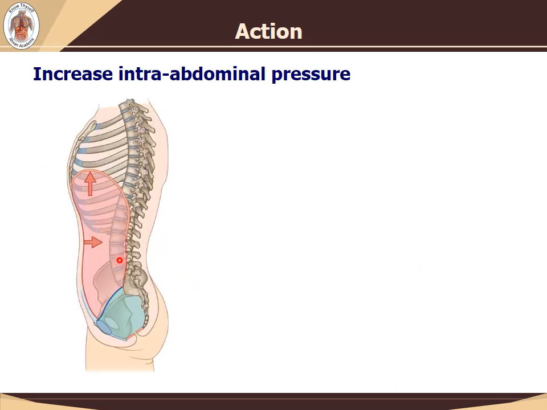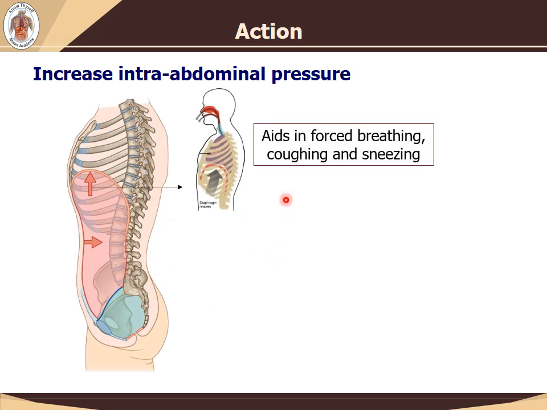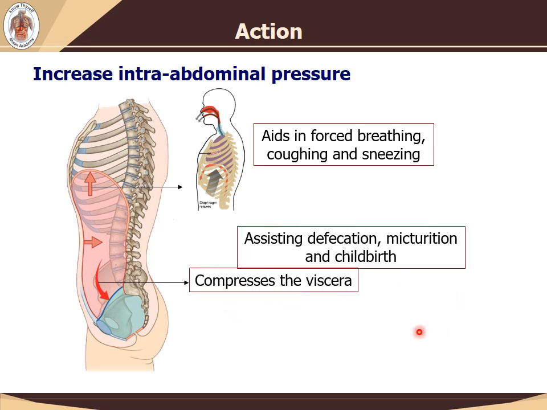The increased intra-abdominal pressure presses perpendicular in all directions, so it pushes the diaphragm, and by this it aids in several movements, leading to forceful breathing, coughing, and sneezing. This also presses all the viscera, and this assists in normal physiological actions like defecation, micturition, and childbirth.